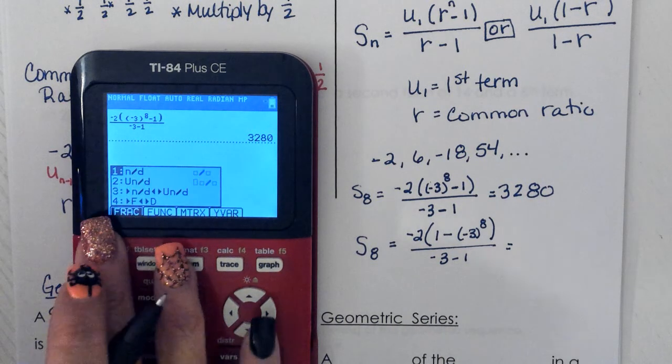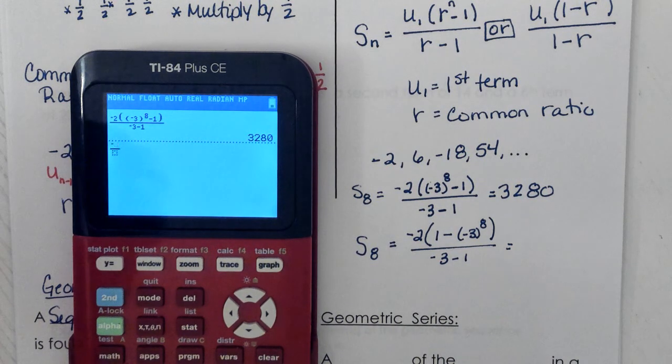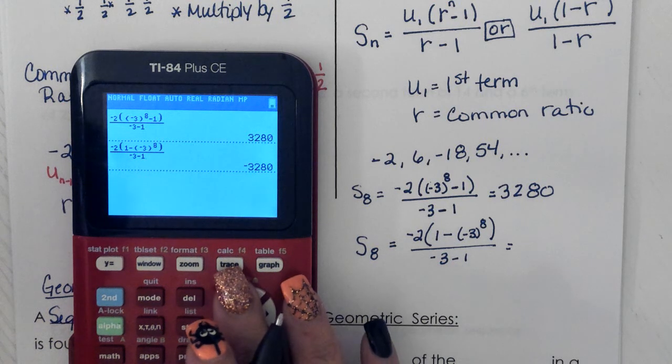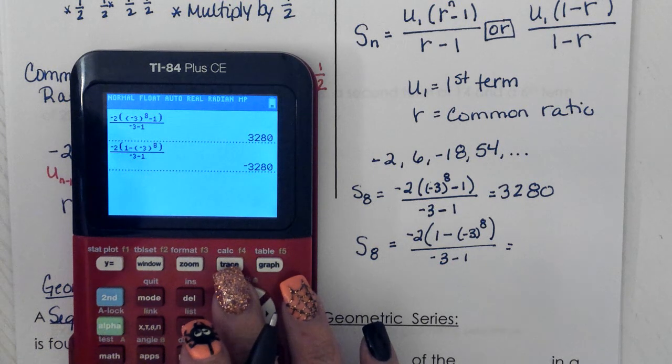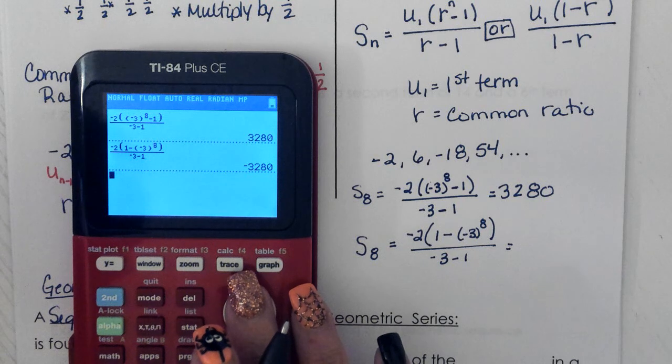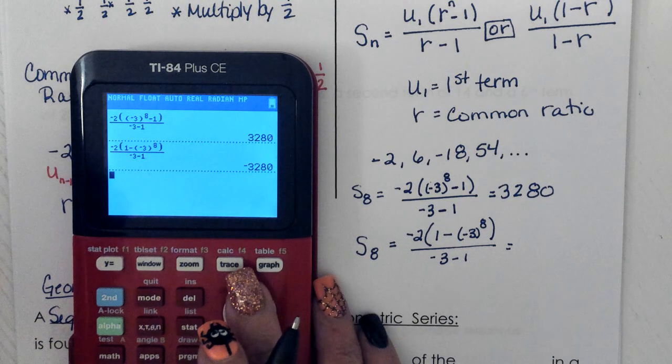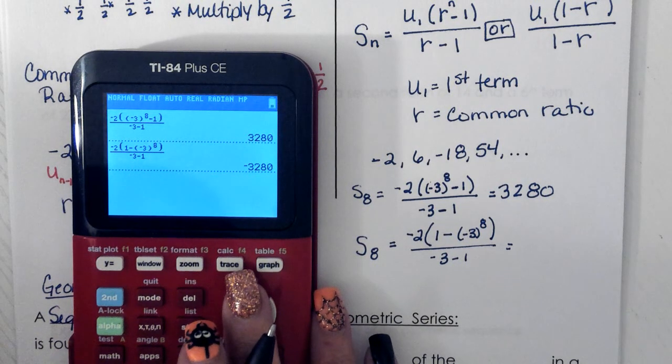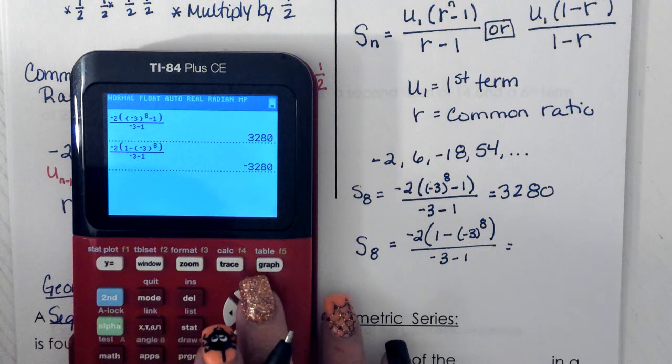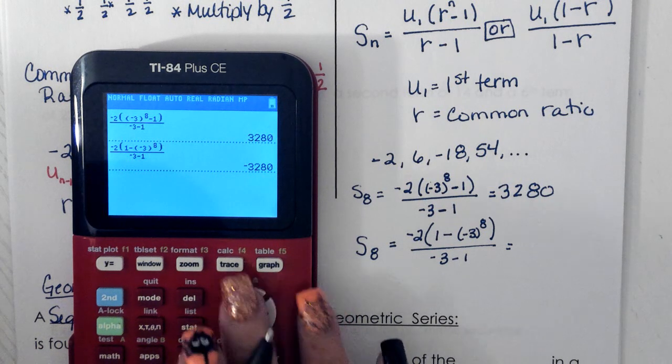So, alpha y equals -2 times 1 minus parenthesis -3 to the 8th power over -3 minus 1. Oh, I missed a negative. Where did I miss my negative? Oh, I know what I did wrong.